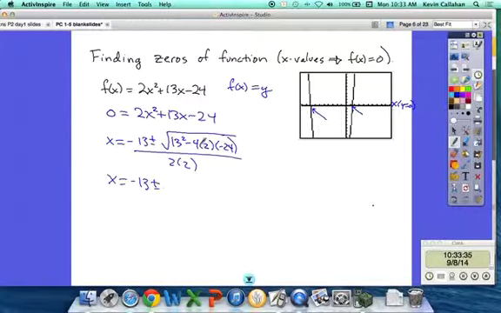So it'll be 4 times 2 is 8. 8 times 24 is 192, right? So we've got 192 and 169. What is that? 361.